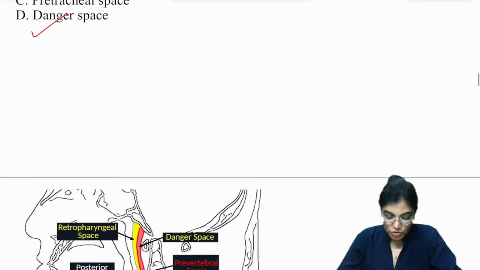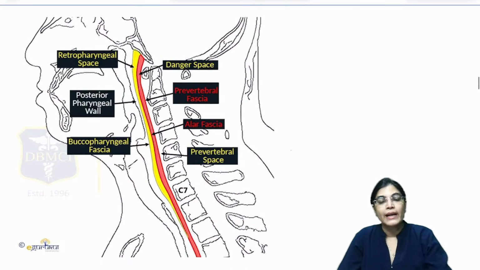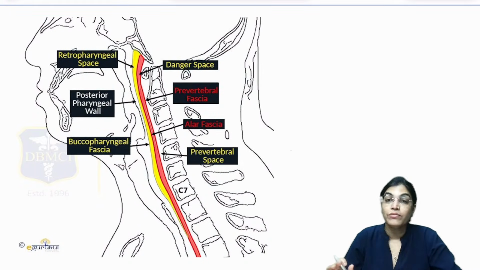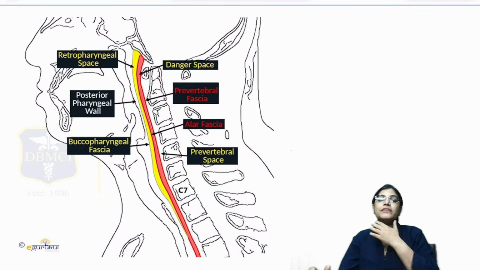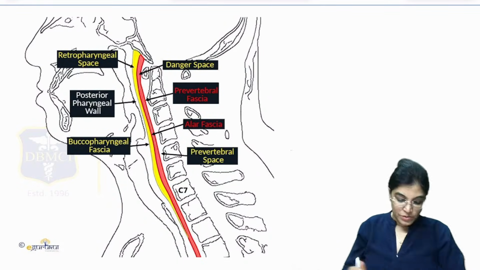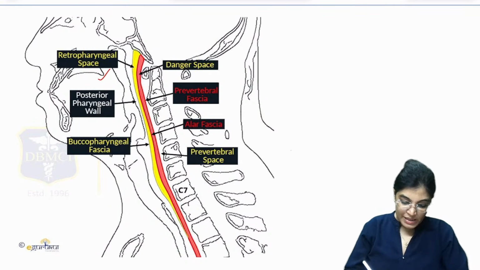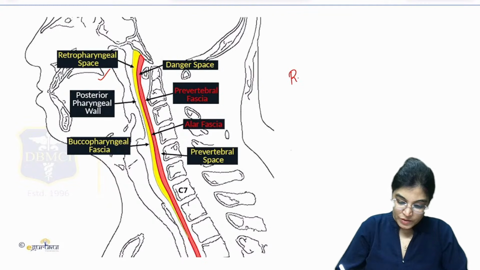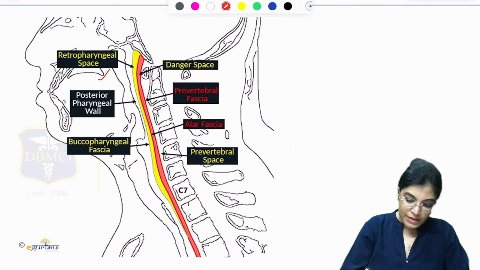I want you to see this image where you can understand the retropharyngeal space boundary, and you should also know that of the danger space. The red color space which you are seeing is the danger space, and anterior to the red outlined space is the retropharyngeal space. The retropharyngeal space is bounded posteriorly by alar fascia and anteriorly by buccopharyngeal fascia. If you want, I can use different colors so that you are not getting confused.